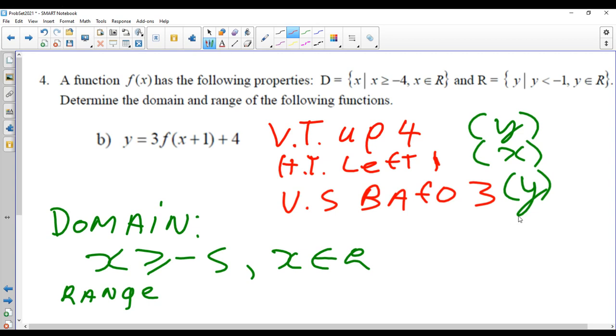That's what she told me. And I agreed with her, by the way. So now we get to the range, which is the y's. Tell me what's going to happen to my range. Help me out with the range, please. The range used to be y is less than minus 1. What am I going to do with that?